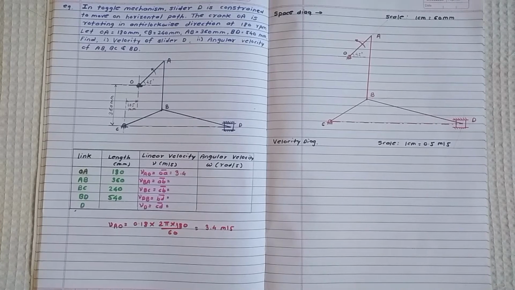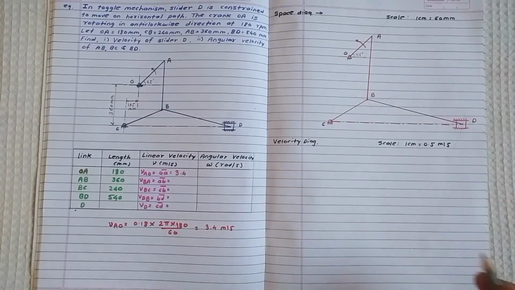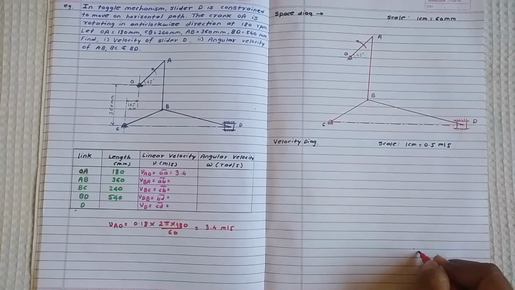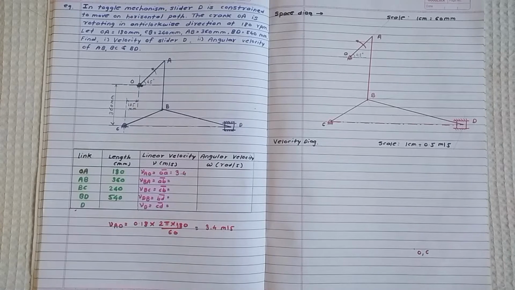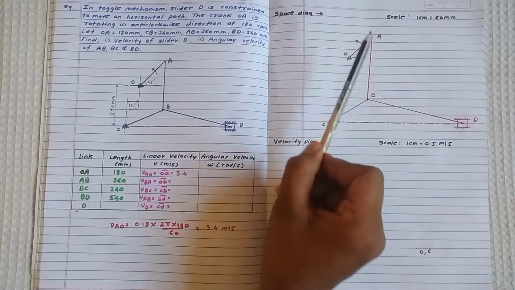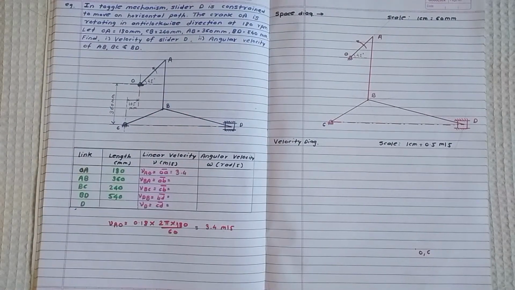The first step is to mark all the fixed points at the same location. In the given mechanism, we can see O and C are fixed points. So we can mark O and C at one location with small letters o and c. Now we start from the input link, that is OA. We know its magnitude and direction. It is rotating anticlockwise, so its velocity will be in the upward direction, and its magnitude according to scale is 6.8.